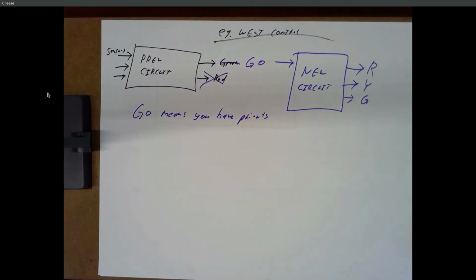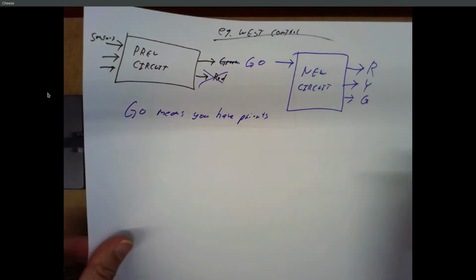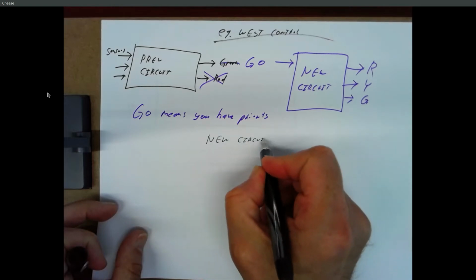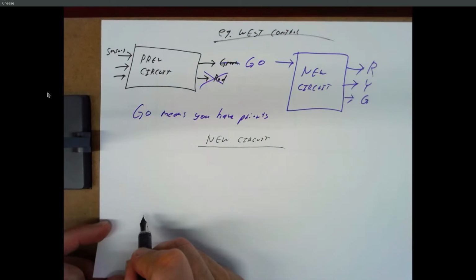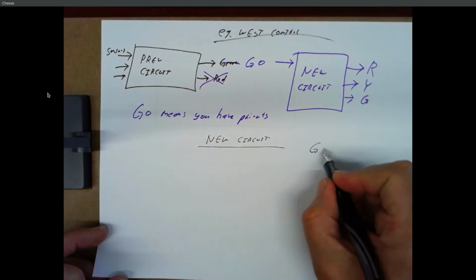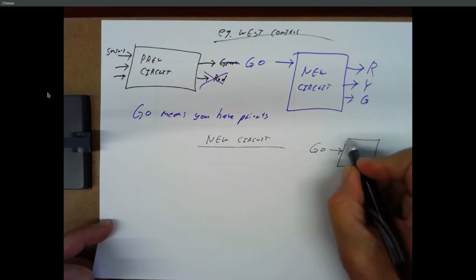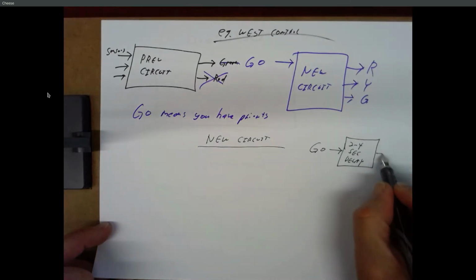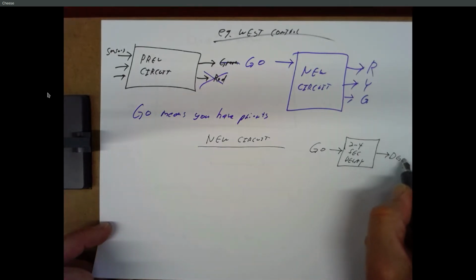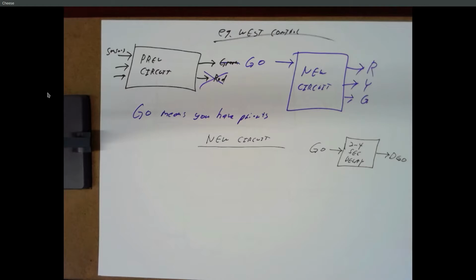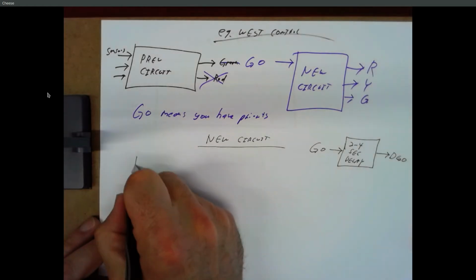All right, so let's look at this new circuit. The main thing that you need here is you need your go signal to go into your delay. And this is your delayed go, so D-go. And let's look at some timing diagrams.